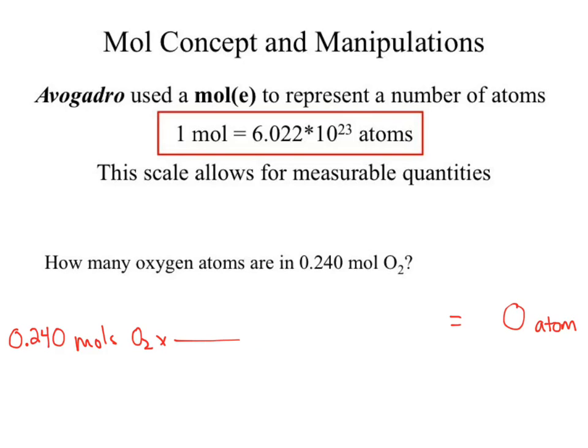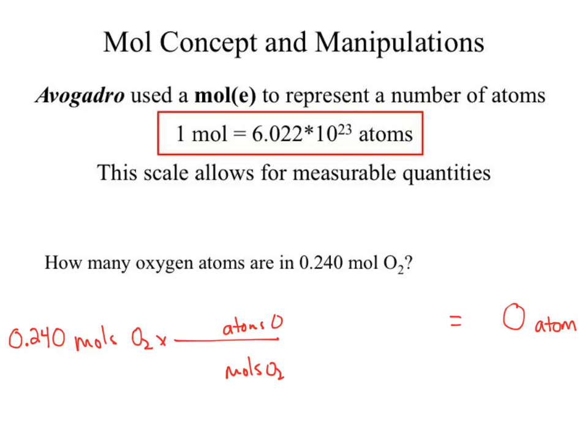So we go through and we take a look. Moles of O2, what do we want as a final answer? We want atoms of oxygen. Is that a direct conversion? Moles of O2 is the number of molecules of O2.